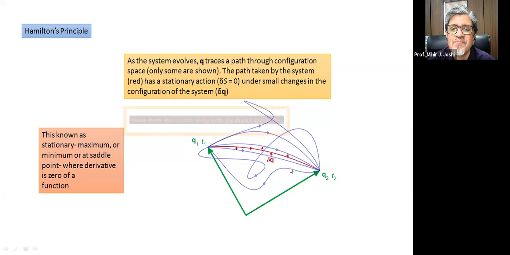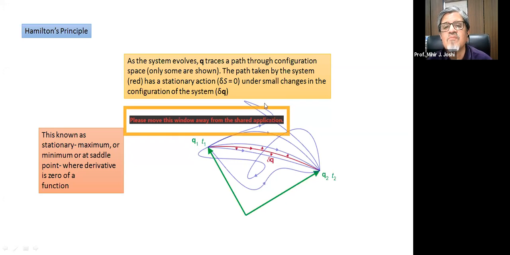So there are different paths connecting these two points. Some paths are very funny and very long paths, but again they connect the two different points. The idea is that the red one is the shortest one, and these other two are shorter, but not the shortest.